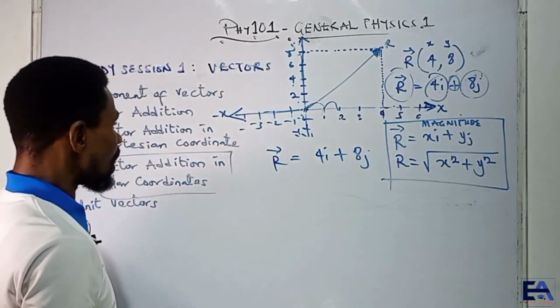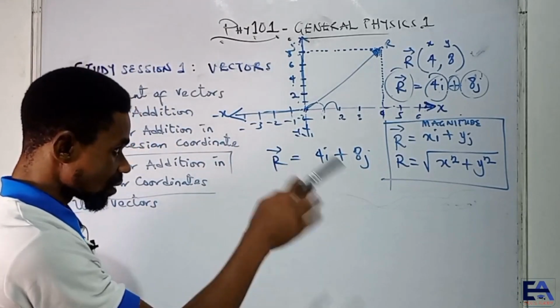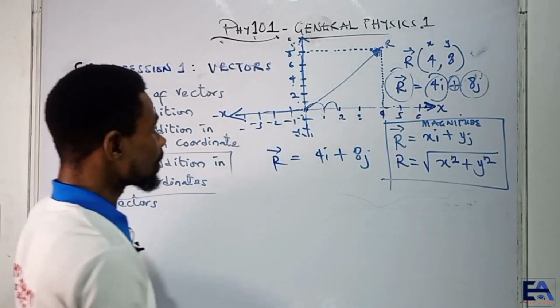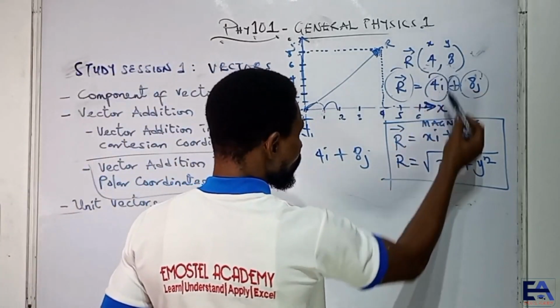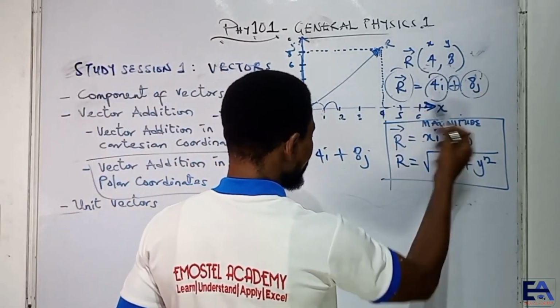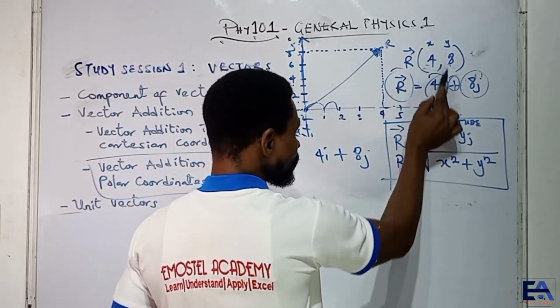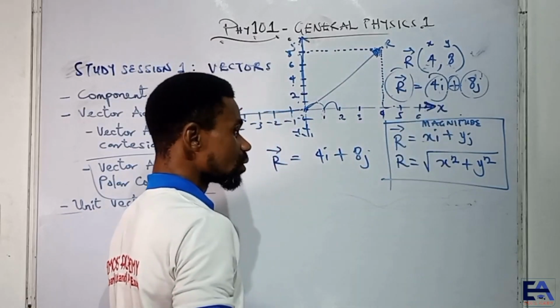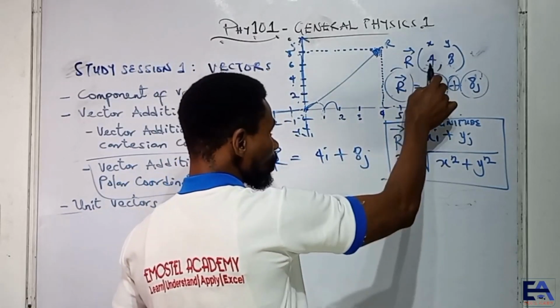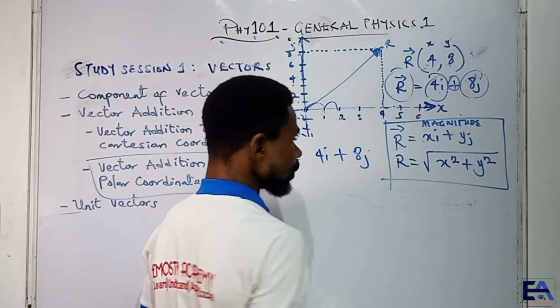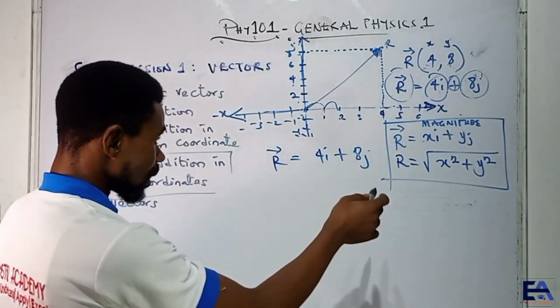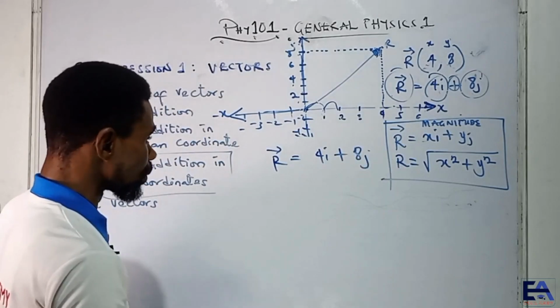Whether it is written this way or written this way in Cartesian coordinates form, if you want to find the magnitude, it is the same thing. Just take the x component and the y component, square them, add the squares, find the square root, and you are good to go.